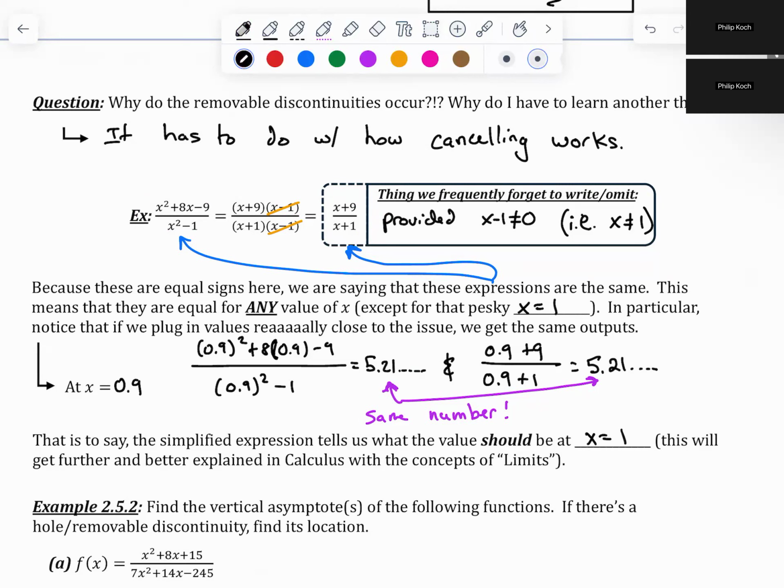So naturally, as we get closer and closer to that pesky value, that's what the value should be. So this is what we actually call a limit. And that's what's going to get further explained in calculus. But suffice it to say that the simplified version tells you what the value should be if it were to exist there. Does that make sense?